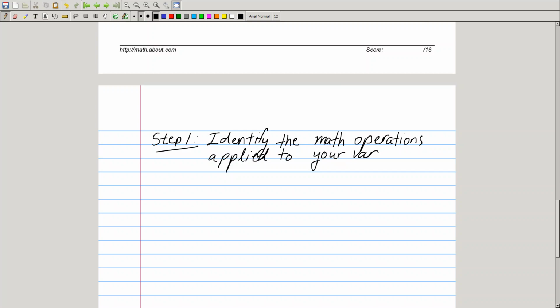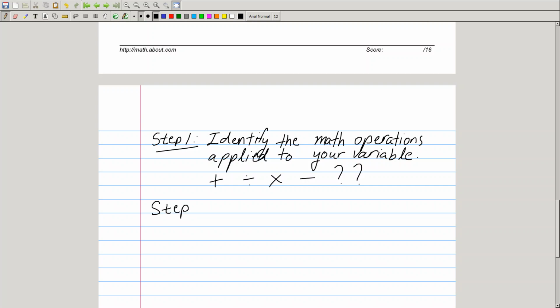And by variable, I just mean a letter. So is it a plus? Is it addition? Is it division? Is it multiplication? Is it subtraction? Which one is it? We're going to identify these operations.